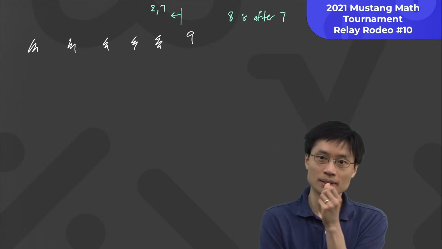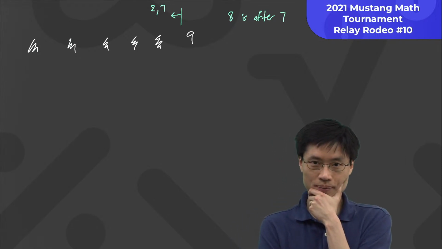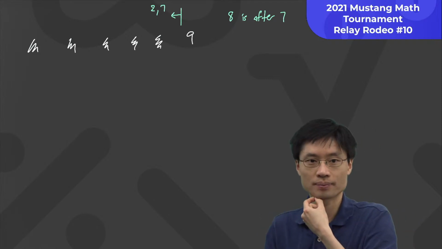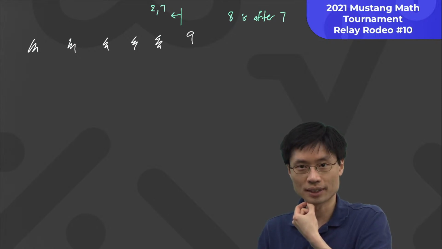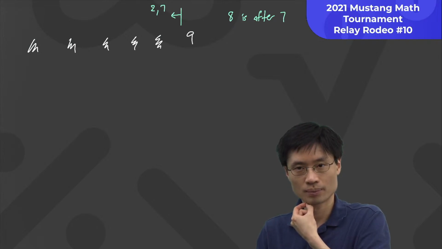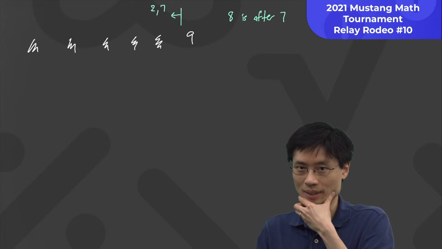Okay. How to do this? Okay, so I need to have 8 be after 7. I'm just thinking about this, if there's an easier way to do this.